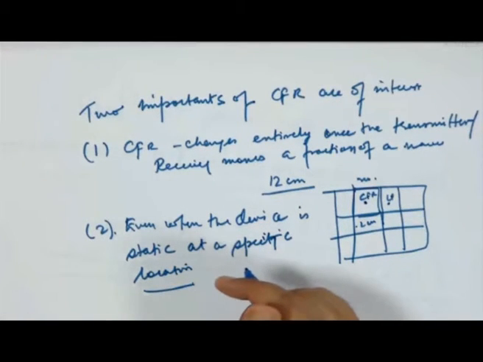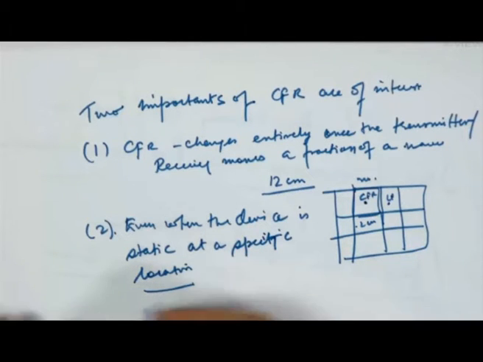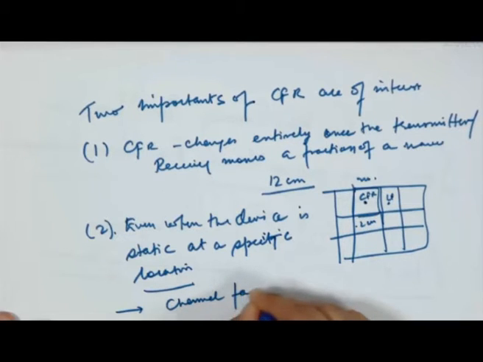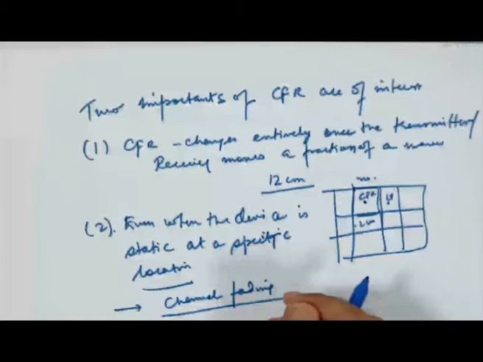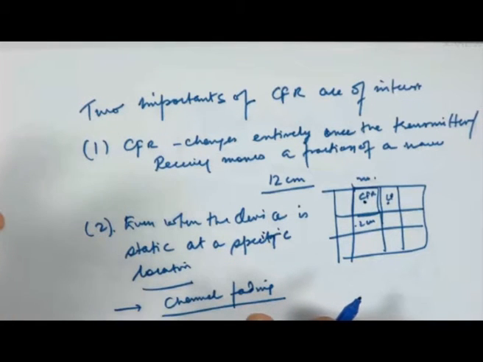So since we are using these channels, the CFR can experience channel fading, and then the signal at the same location can become different.